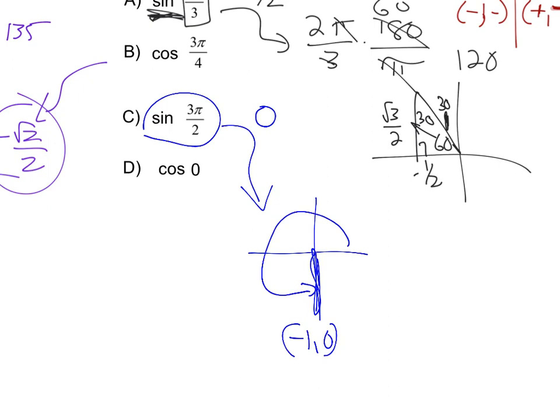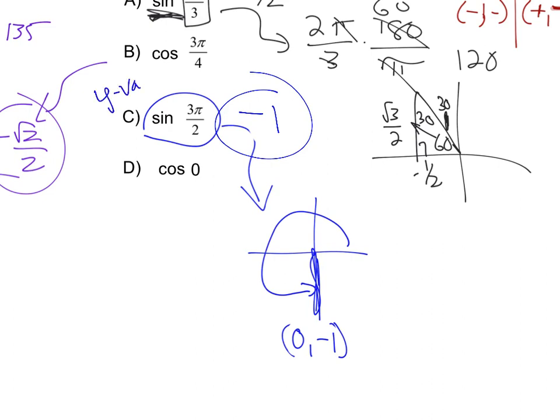Sorry, blanked on that. That's not -1, 0. That is 0, -1. Duh. Which means that is not 0. That is -1. Wow, my bad. Sorry. So sine is your y value. That is my y value right there.